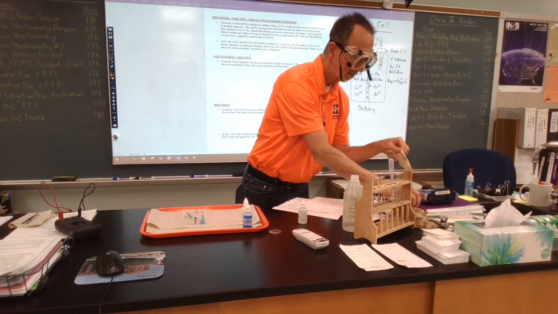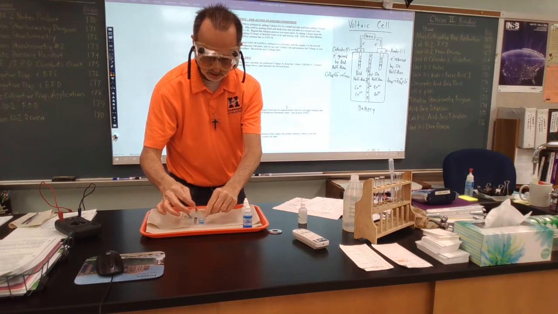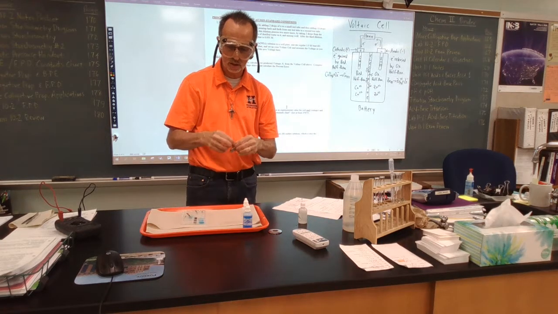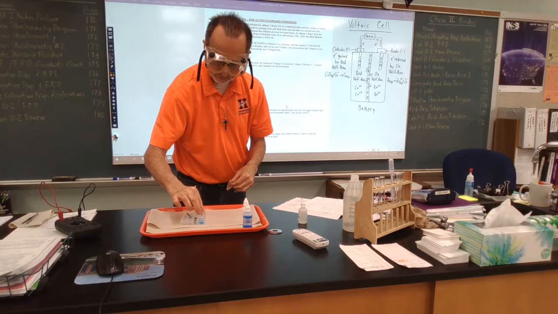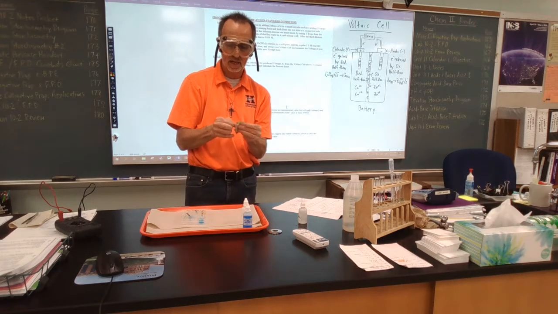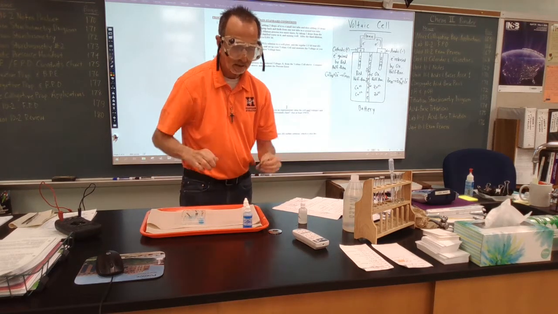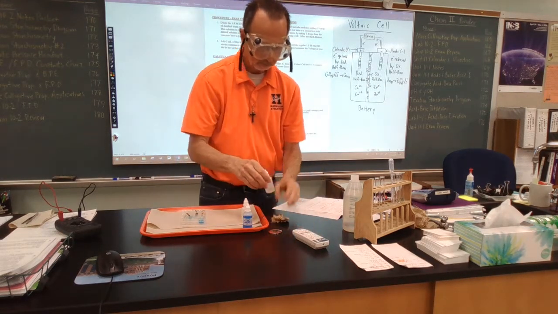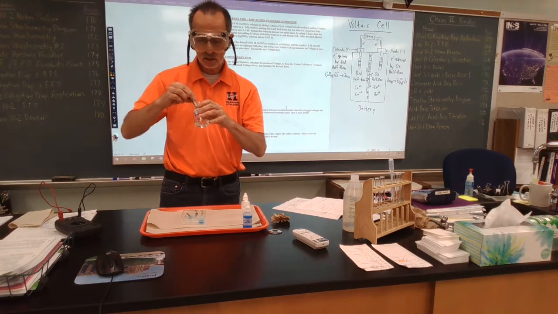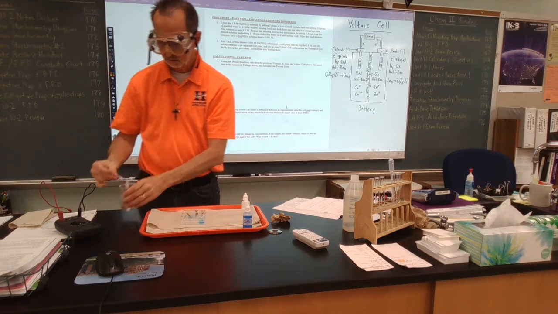So let me take a piece of paper towel. I will wipe off our copper electrode metal, put it in the copper solution. I will wipe off the lead piece, put it in the lead solution. I need to get a new salt bridge here, which I will grab. There we go.